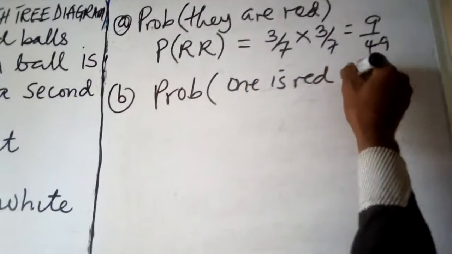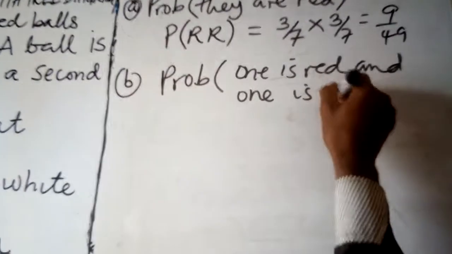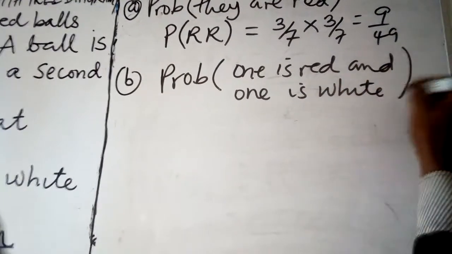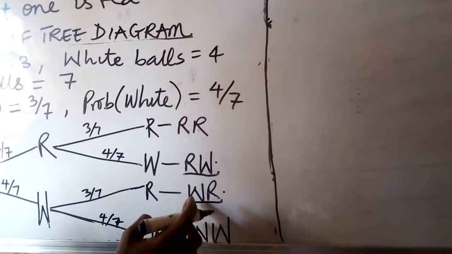B, the probability that 1 is red and 1 is white. Look at this point. You have red white, and white red.